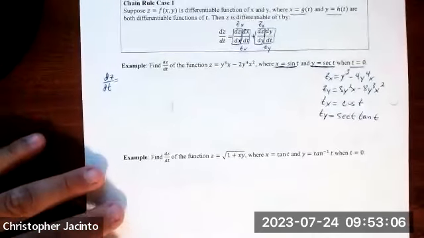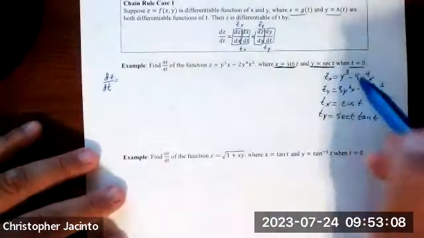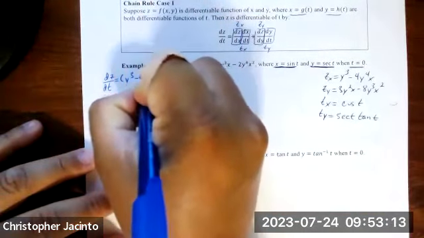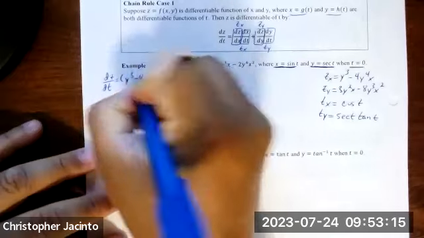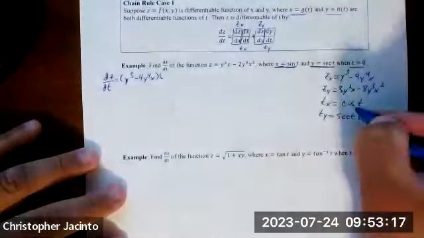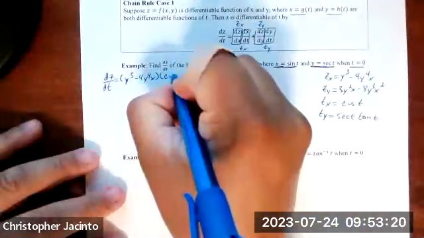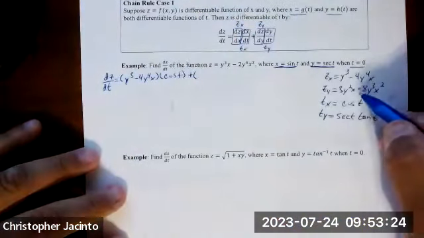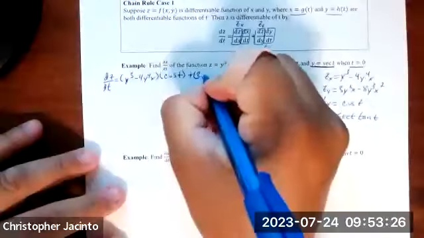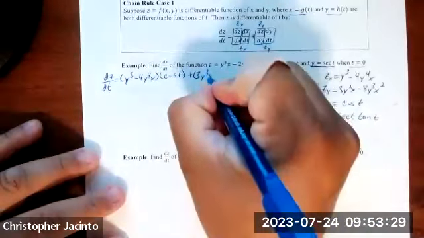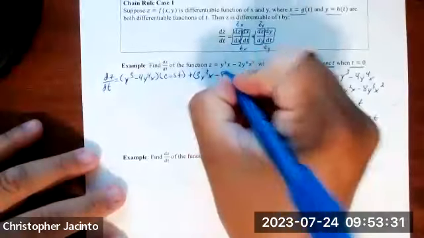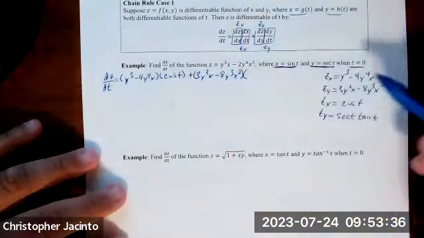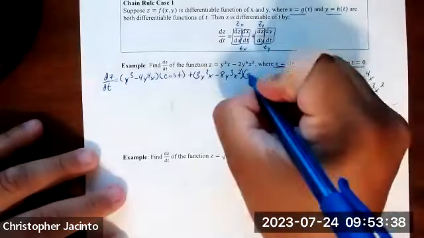So now we put everything together. So the chain rule equation is going to be z_x, so y to the third minus 4y to the fourth x, times t_x, so cosine t, plus the z with the y's times t_y, so secant tangent.